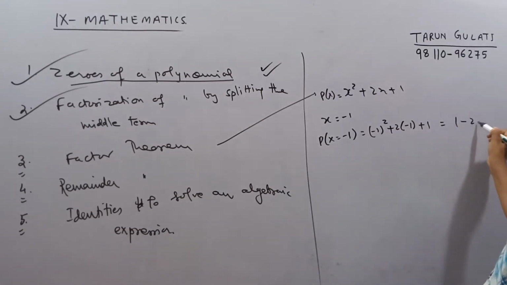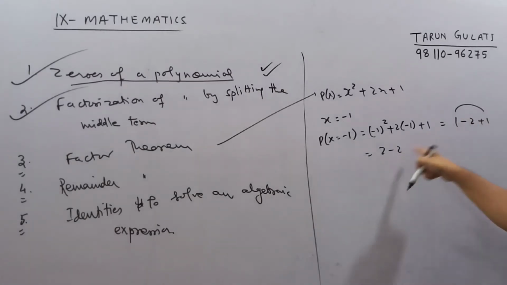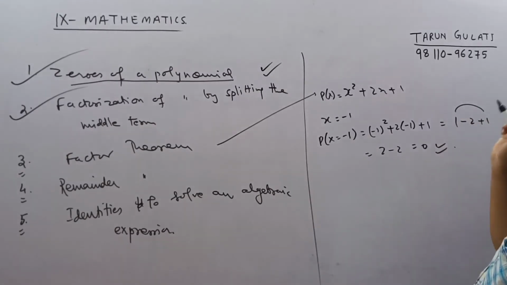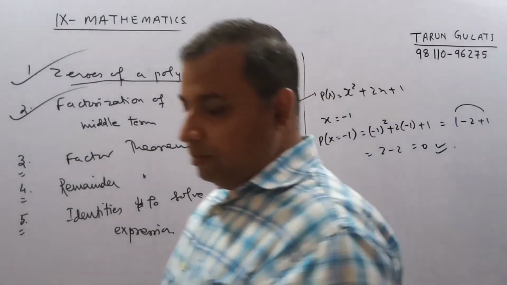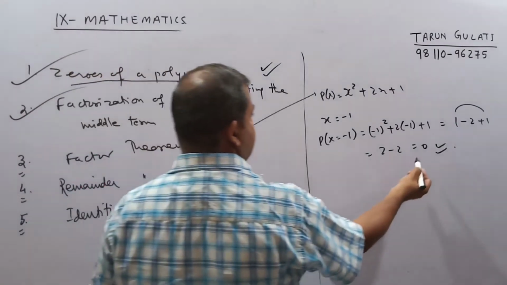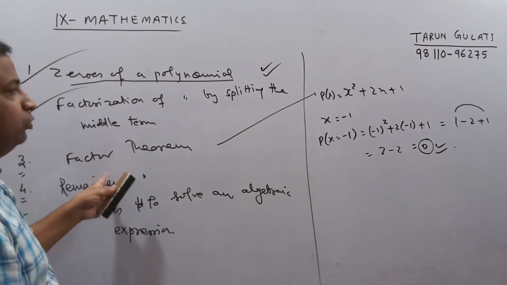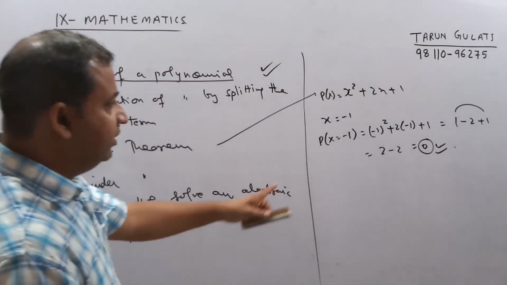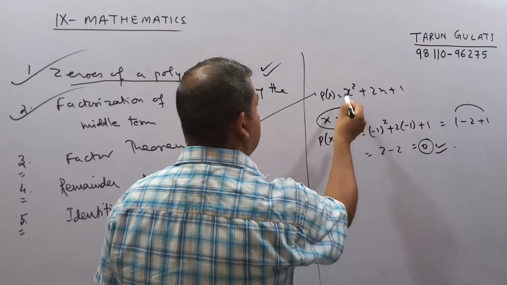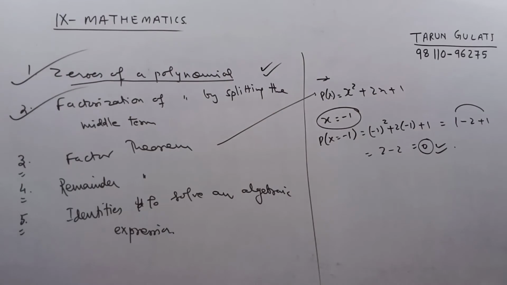It is 1 minus 2 plus 1, which comes out to be 2 minus 2, that is 0. This is the factor theorem, which states whether x equals minus 1 is a factor of the given polynomial or not. Since the remainder is 0, we can say that x equals minus 1 is a factor.